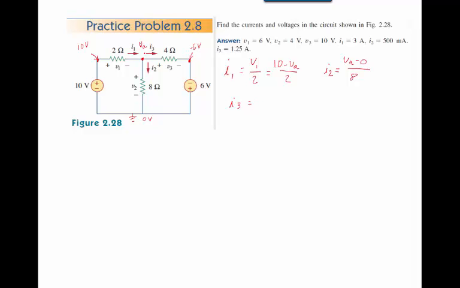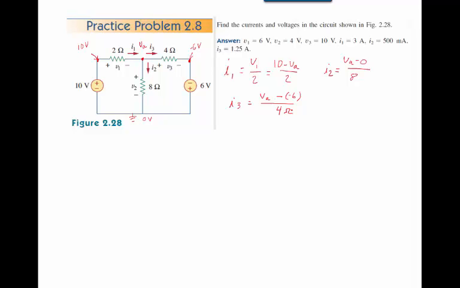Watching my conventions, current going into the resistor is plus to minus, so it is VA minus minus 6, over 4 ohms. Okay? So everything's in terms of that VA right now.